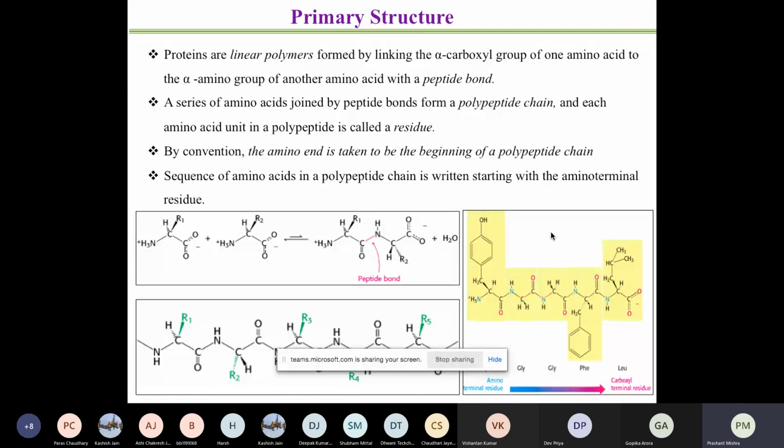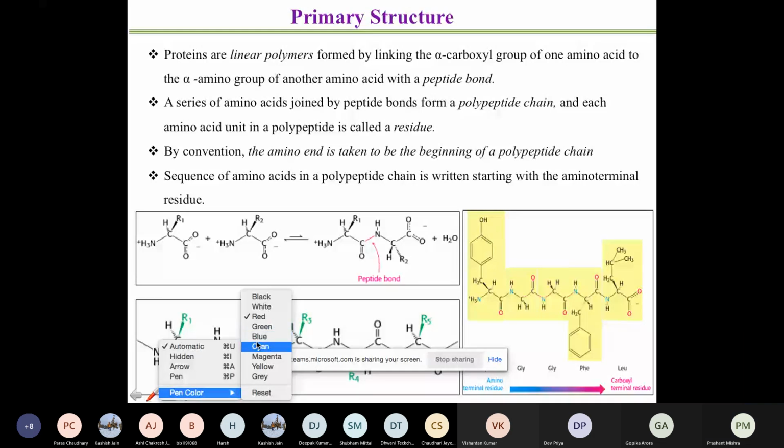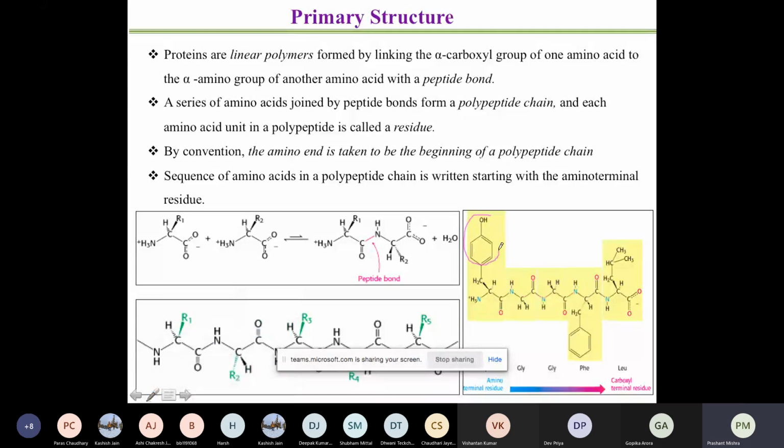Now, in addition to that, there will be different types of R groups. So you have different R groups which are present, suppose in this case, let me just take an example. So this is one R group, which is from tyrosine. Then you have another R group, which is a glycine.